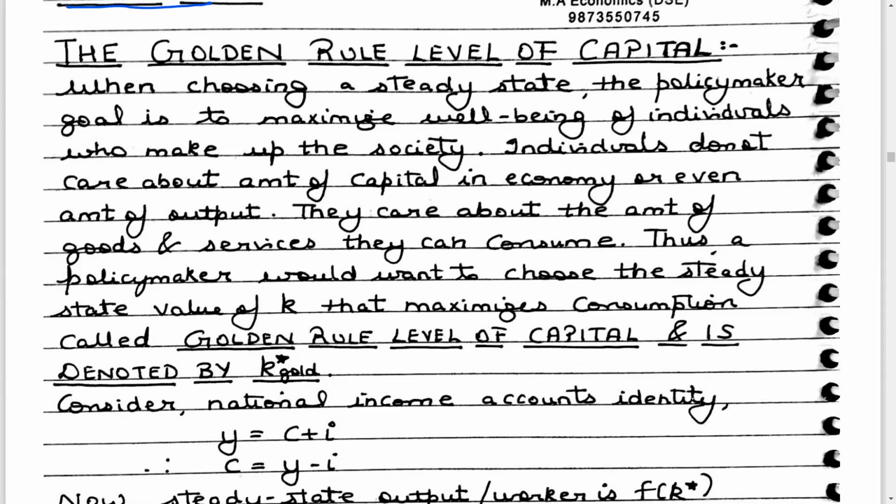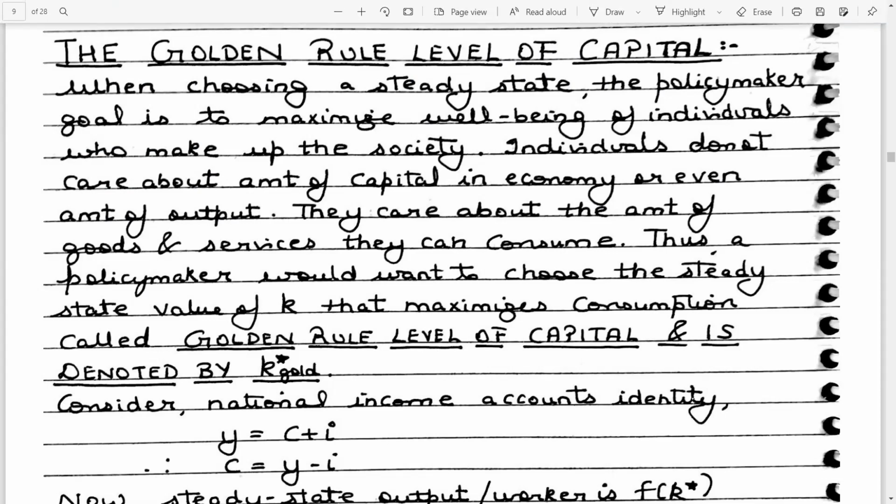As I keep on changing the savings rate, I will get different levels of steady state K stars. Now, out of all the steady state levels of capital stock, we need to choose that steady state level of capital stock which is maximizing the well-being of the individual. And when I say maximizing the well-being of the individual, it means maximizing consumption.